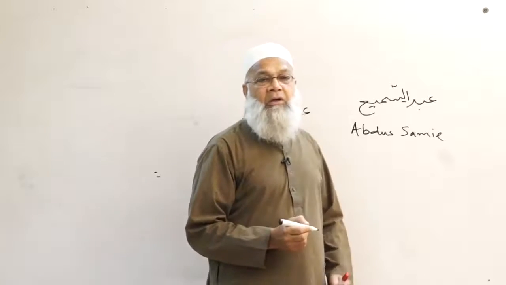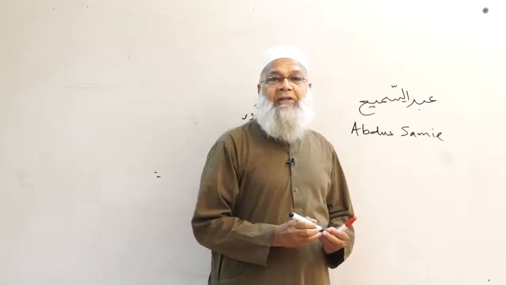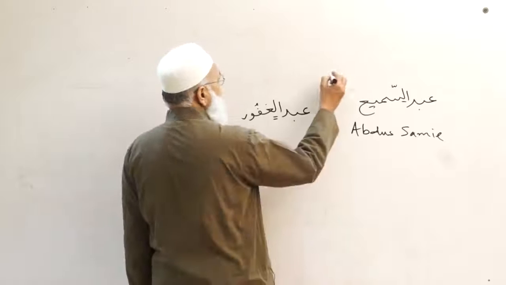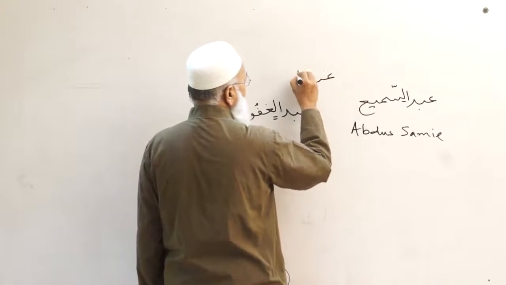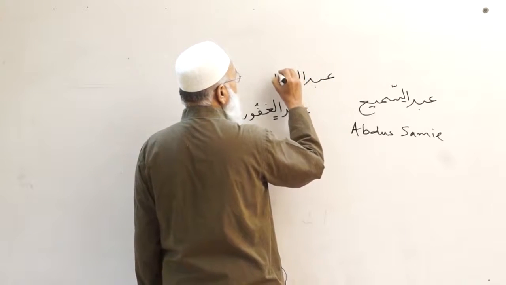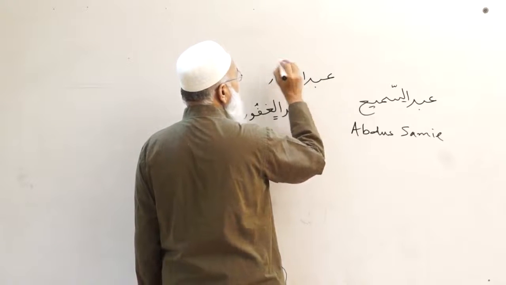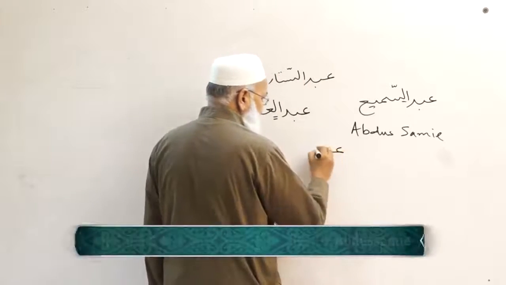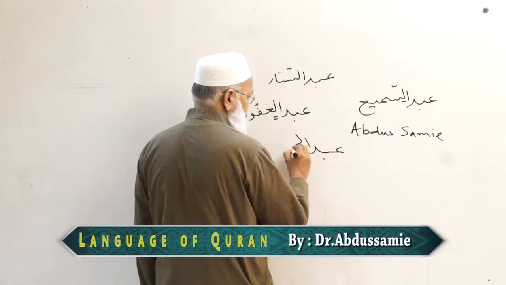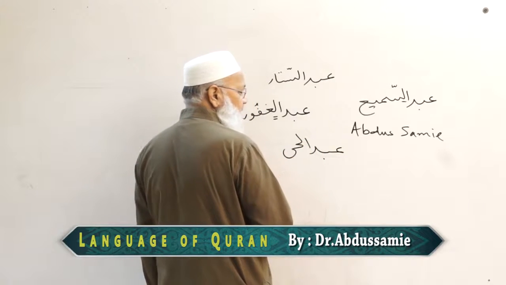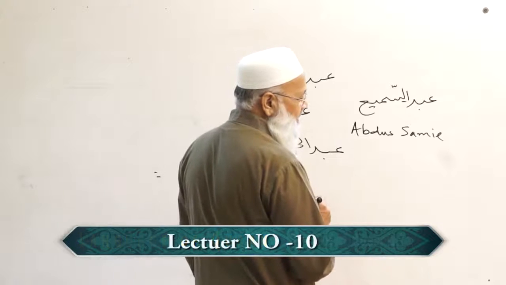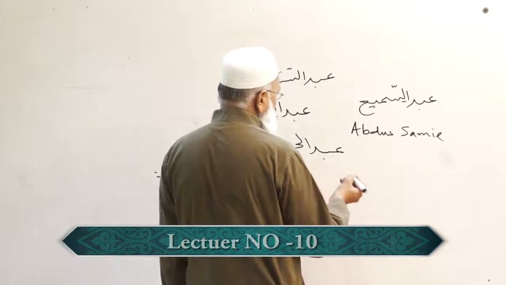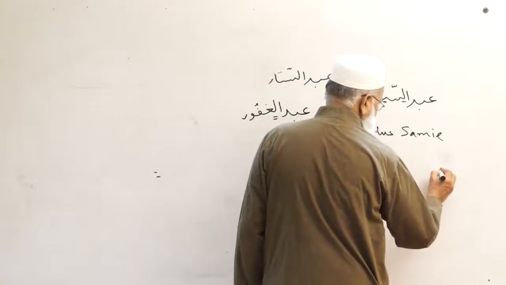But in the case of Abdussamie, again lam is not being pronounced, though Abdussamie is written like this. In Abdul Hayy, it's being pronounced. But in Abdush Shukur, it's not being pronounced again.